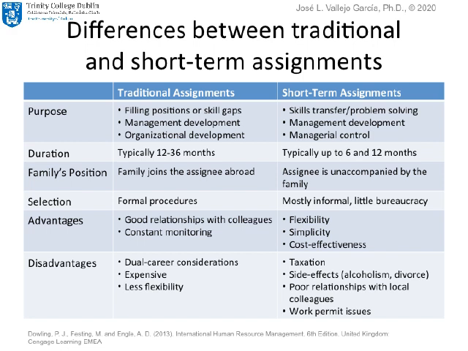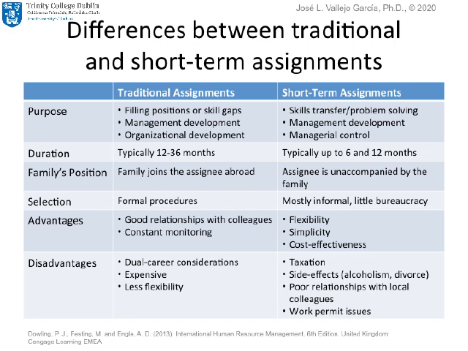The duration: a traditional assignment normally goes from 12 to 36 months. So that's something that requires, of course, more planning and more pre-departure organization. Short-term assignments are typically between 6 and 12 months, but of course all this is relative. It depends also on the type of the assignment. Family's position.